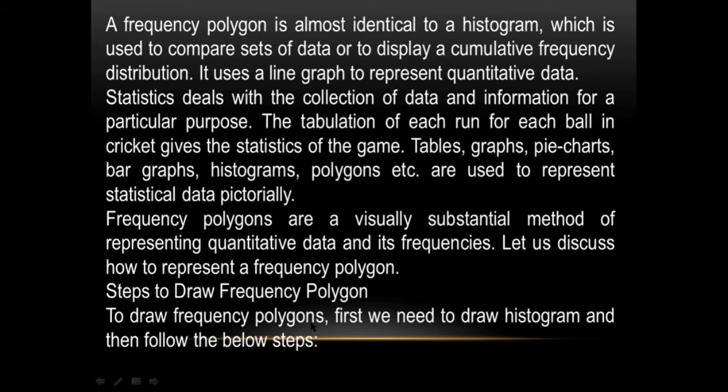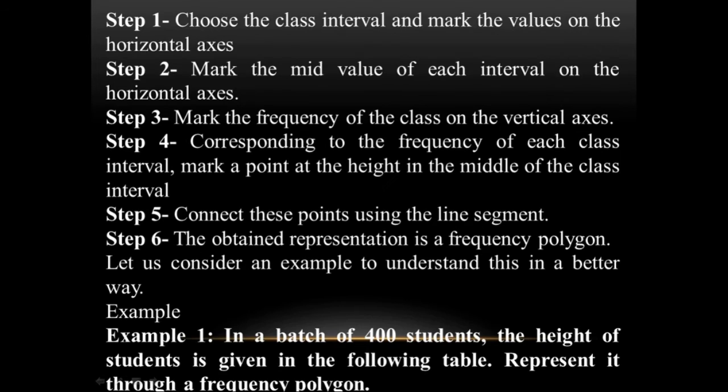To draw frequency polygons, first we need to draw a histogram and then follow the below steps. Step 1: after the formation of the histogram, choose the class intervals and mark the values on the horizontal axis. Step 2: mark the mid value of each interval on the horizontal axis.